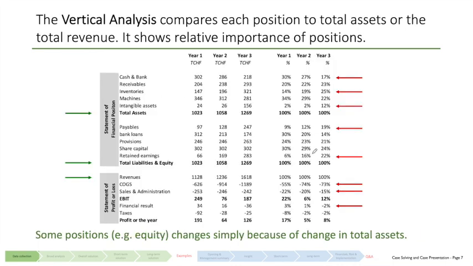Next, you might also want to look into the financial statements. Here we could talk about the vertical analysis. So in the vertical analysis, what we're basically doing is we are looking at, let's say, 3 years, and we are saying total assets is 100%, and then we basically look at which asset position holds what percentage of assets.